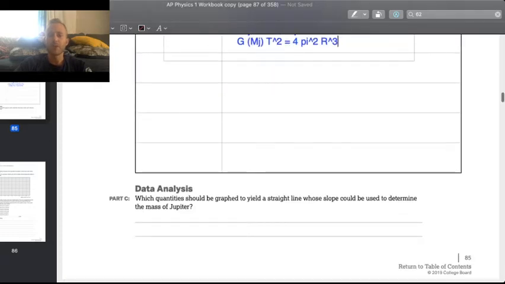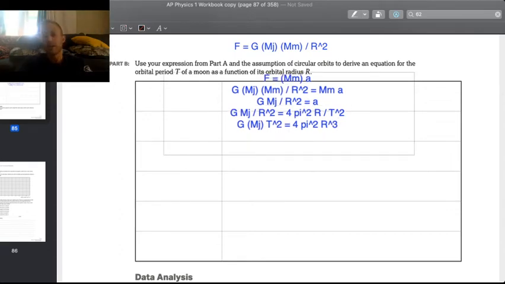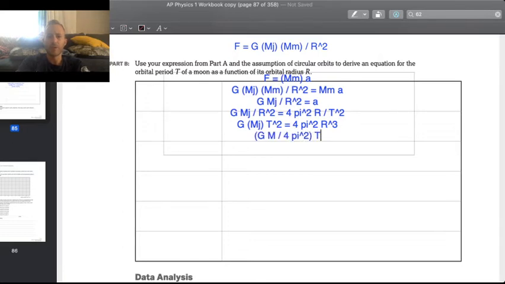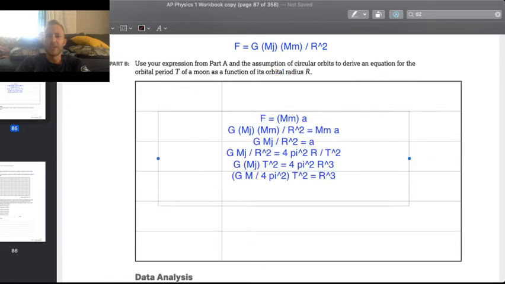Which quantities should be graphed to yield a straight line whose slope could be used to determine the mass of Jupiter? Okay, so what if I take this equation and I divide both sides by 4 pi squared? Then I would have G times the mass of Jupiter over 4 pi squared times period squared equals R cubed. So we want to linearize the graph.